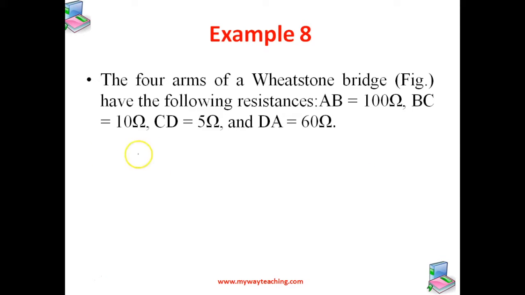Now let us see one simple example. The four arms of a Wheatstone bridge, as you can see in the coming figure, have the following resistances: AB is equal to 100 ohm, BC is equal to 10 ohm, CD is equal to 5 ohm, DA is equal to 60 ohm.